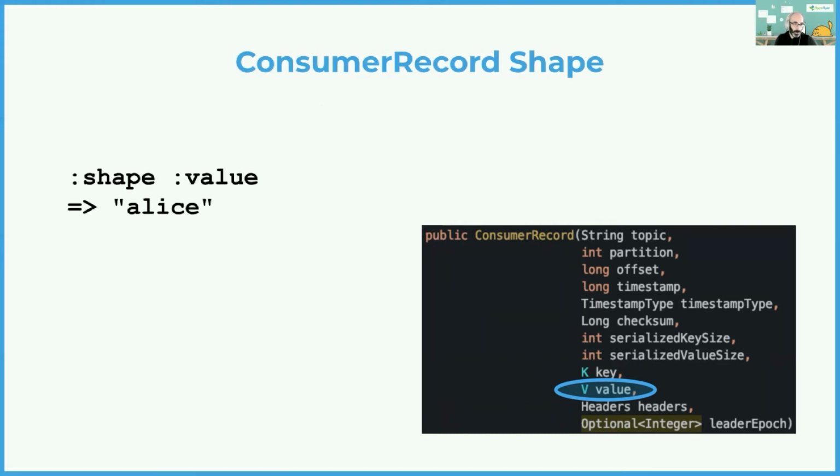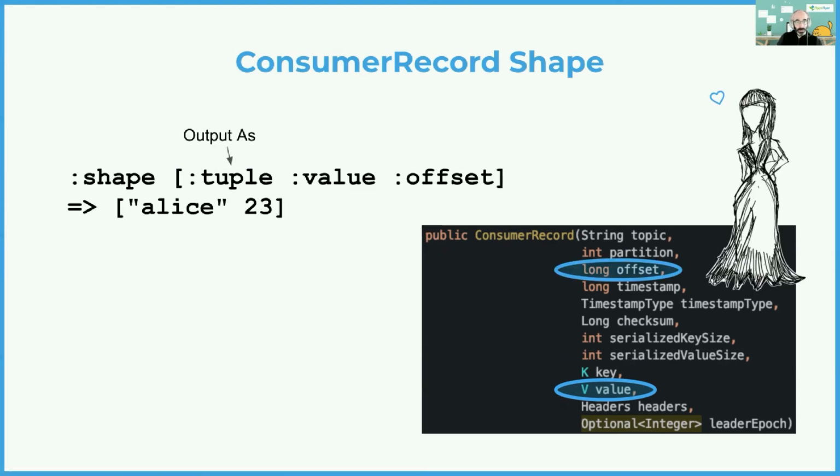So let's focus on that, just on the shape configuration and the resulting value we get from the channel. Instead of just a value, we are not limited to a single one. We can also ask for multiple fields of this record. And in this example, we want a tuple containing the value and offset fields of the record.